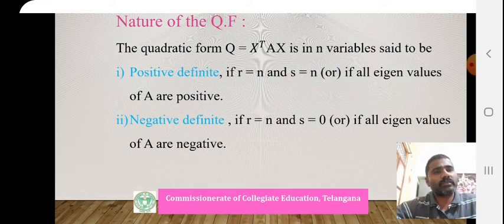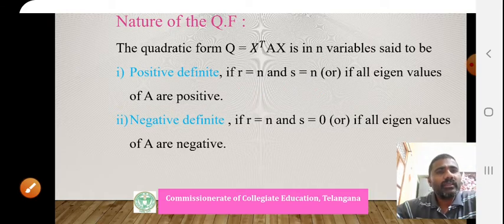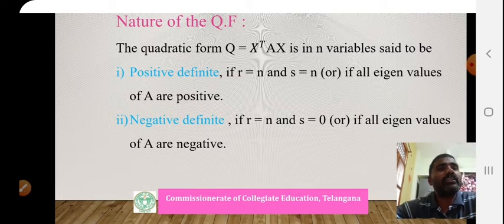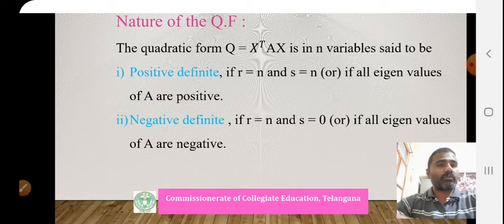Now similarly we define negative definite. Negative definite means R equals n, so n terms should be there and there are no positive terms. All are negative terms. No term will become 0. If any term becomes 0, R is less than n.